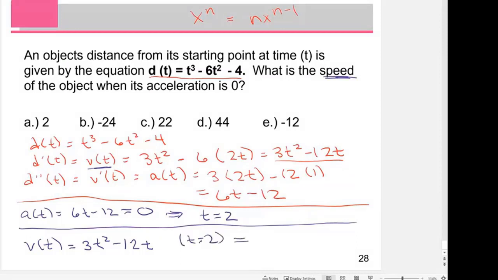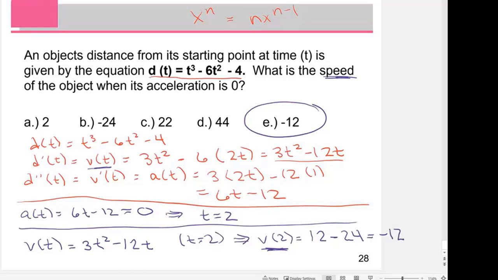Now again, I just plug things in and I know that my velocity at 2 is equal to 3 times 2 squared, which is 12, minus 12 times 2 is 24, which gives me negative 12. And again, it's not really telling me in what form we are, but there's my answer, negative 12, because that is my velocity, which is the same as the speed.